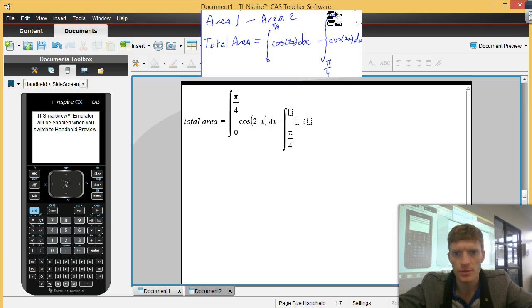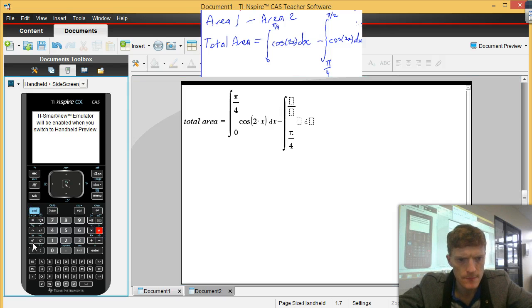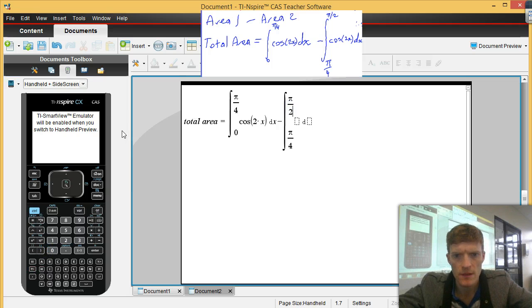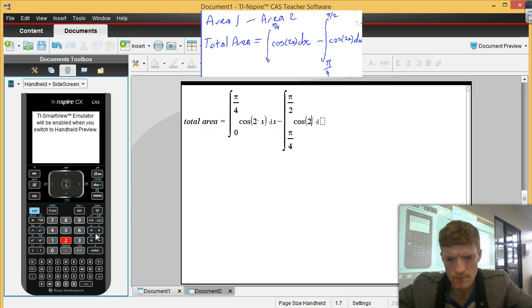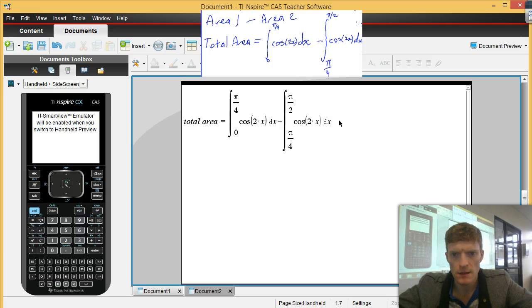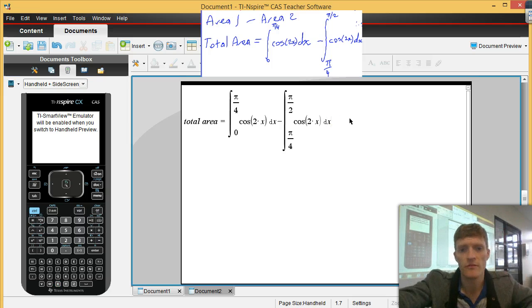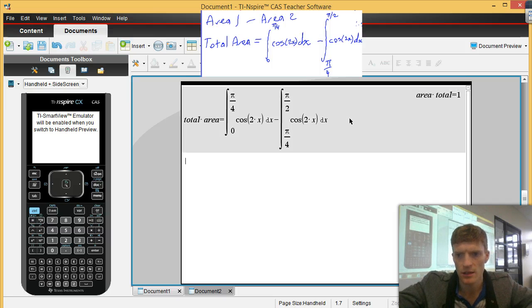Up to now an upper limit of pi on 2, of our function. Alright, so we've put it in correctly. Let's evaluate it. We get a total area of 1.